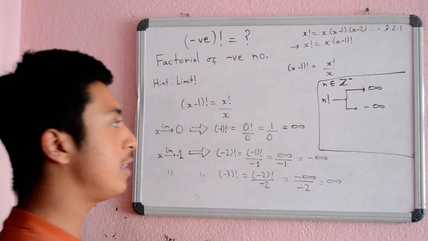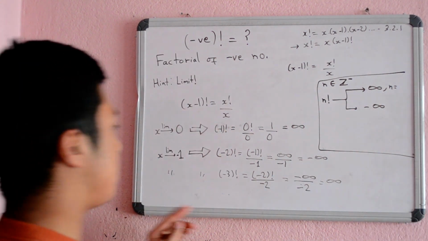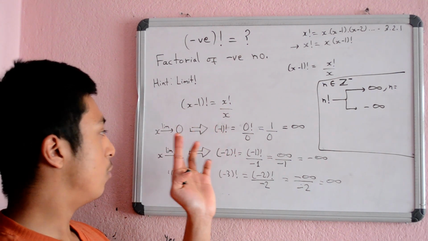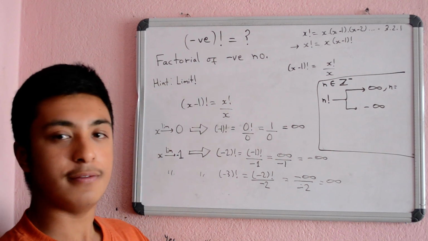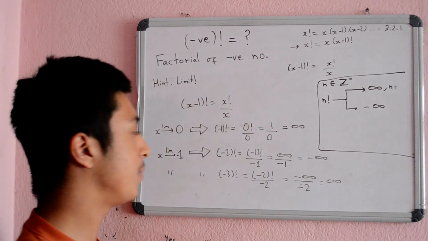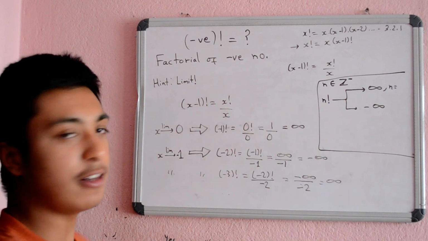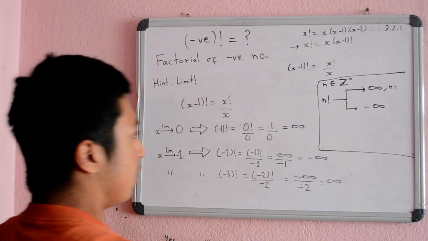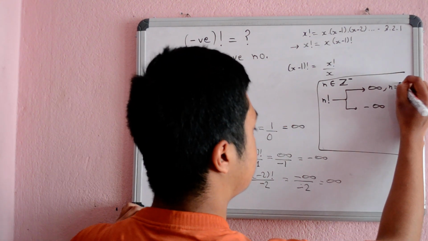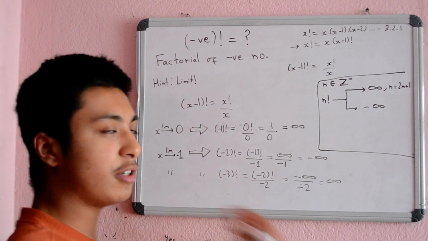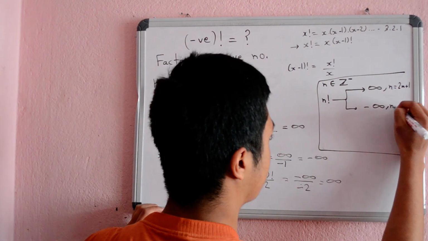It will be infinity when n is an odd number, when it's minus 1, minus 3, minus 5, minus 7, and so on. We can represent it as 2m plus 1, a general form for an odd number, and negative infinity when n equals 2m.